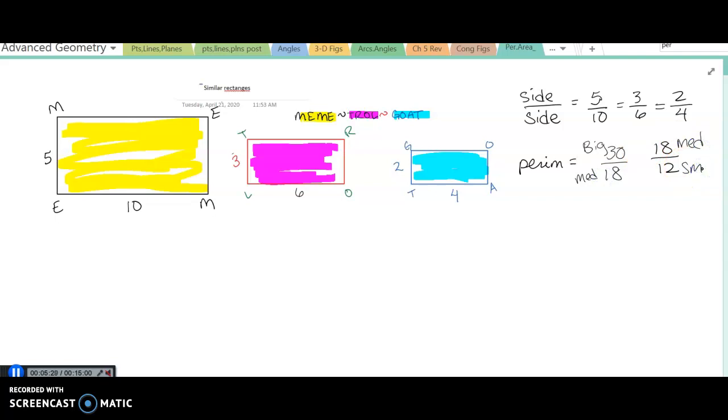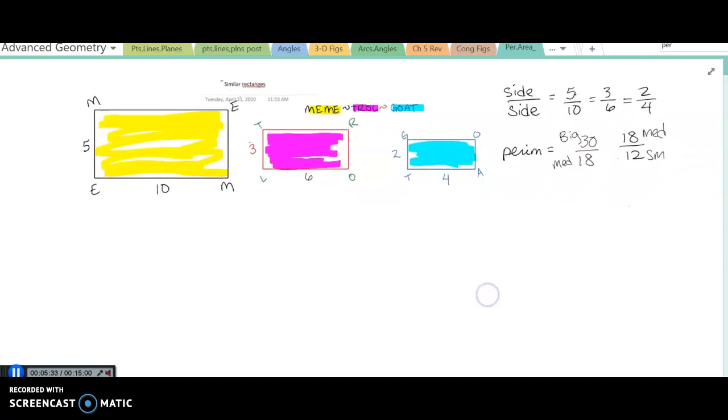Again, these reduce to that same 5 to 3 ratio. Remember, we could have written these as 5 is to 3, as 3 is to 2, and we got the same ratio.